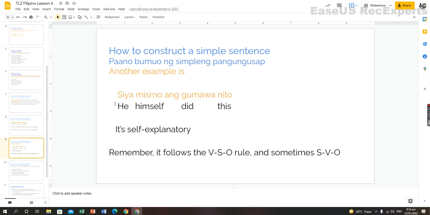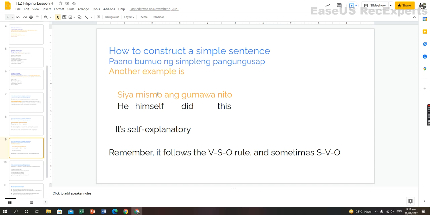So another example is siya mismo ang gumawa nito. So siya, he, mismo, himself, gumawa nito. As you can see, it's self-explanatory. I mean, mismo is like ako mismo, I myself.